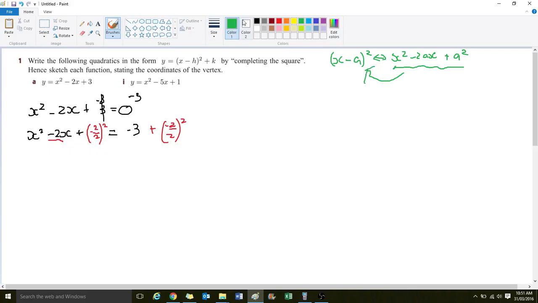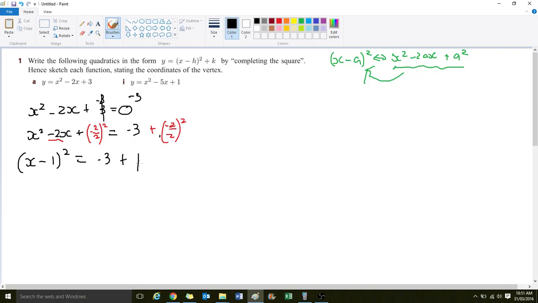So what this comes out to be then is x take 1 bracket squared, okay, and this is equal to minus 3 plus minus 2 on 2 squared, which is plus 1.